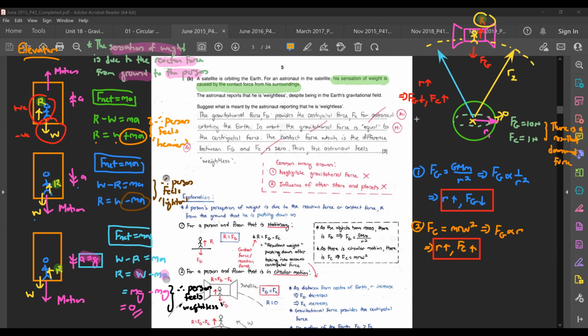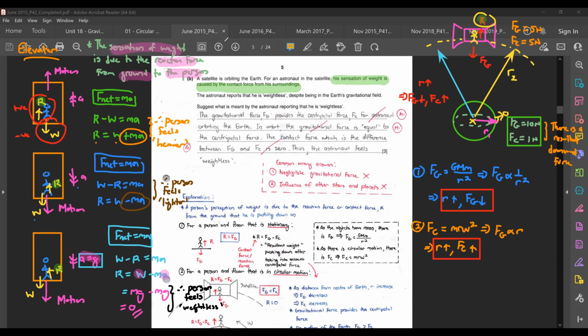When your R increases, your gravitational force will drop, so that your centripetal force increases. So now when you go further up, all the way to where your satellite is, you could end up with a case like this, where your gravitational force drops down to 5 Newton, and then your centripetal force increases to 5 Newton.